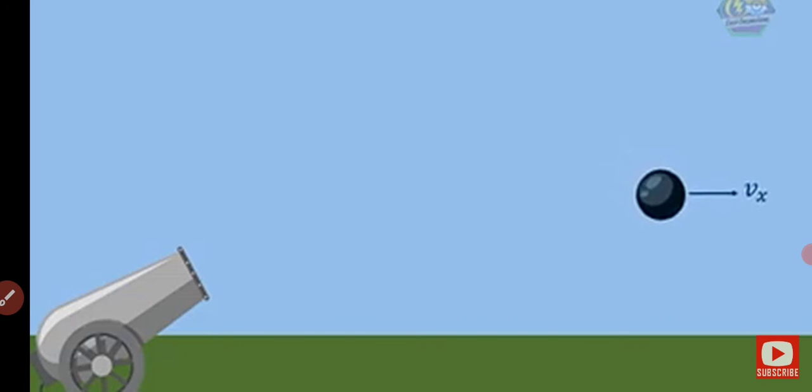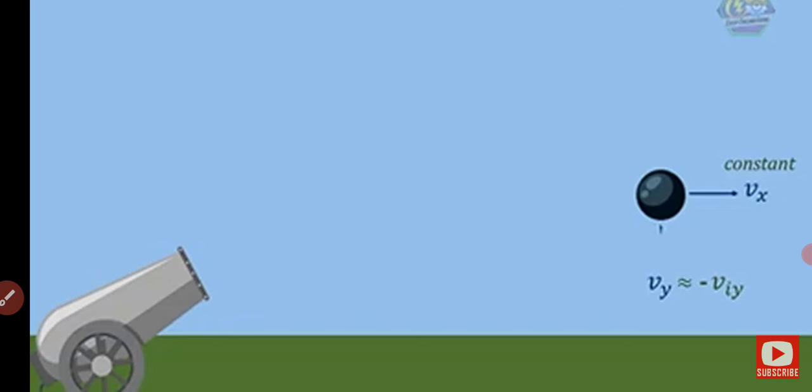So dear students, we are going to study all these points in projectile motion. Keep one thing in mind: a projectile is an object which is thrown in an upward direction such that it comes down under the action of gravity alone.